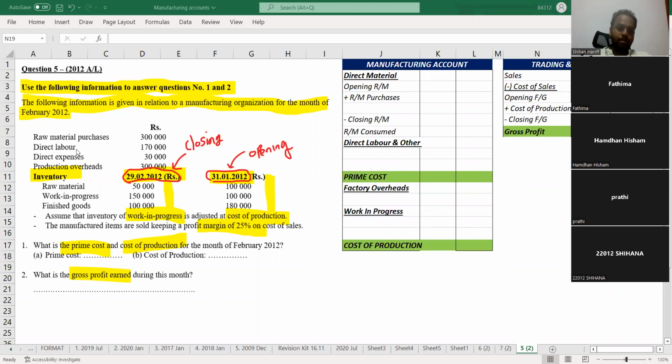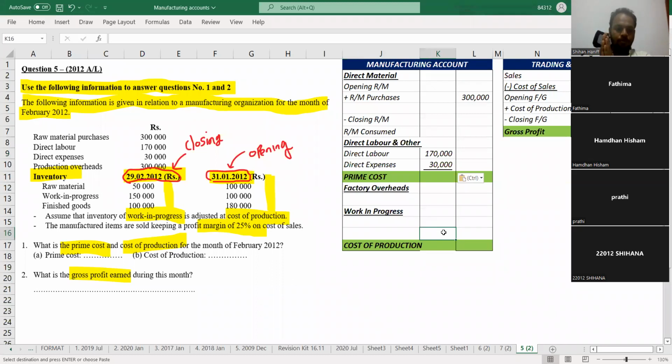So information you can just put it directly. Direct expenses. See, manufacturing account is very simple.